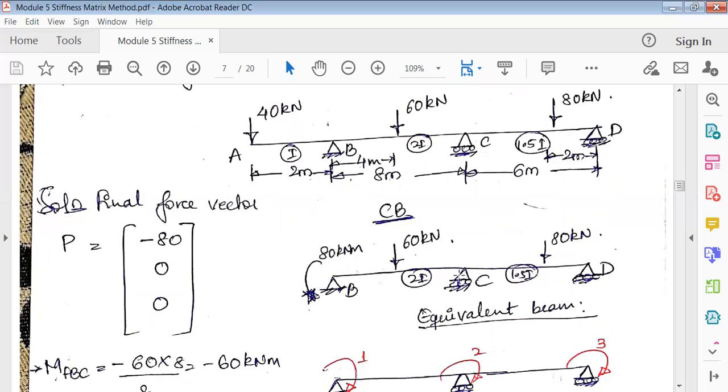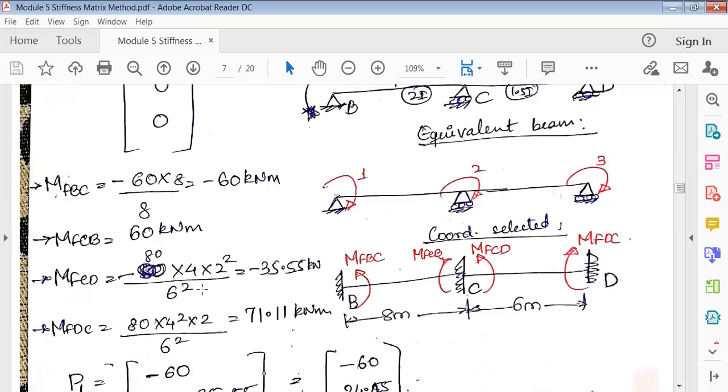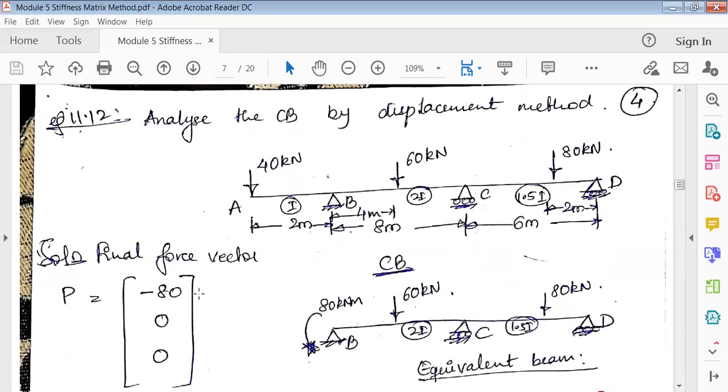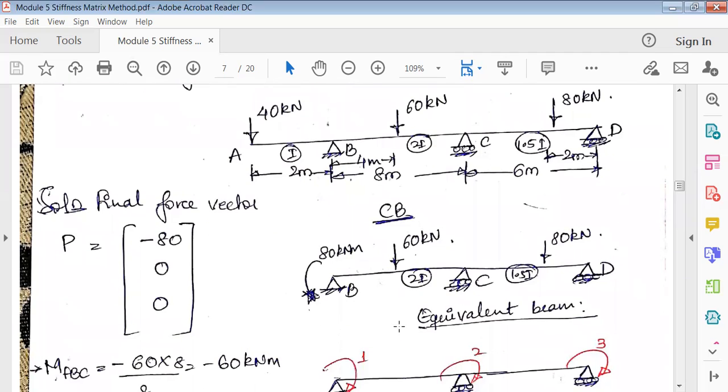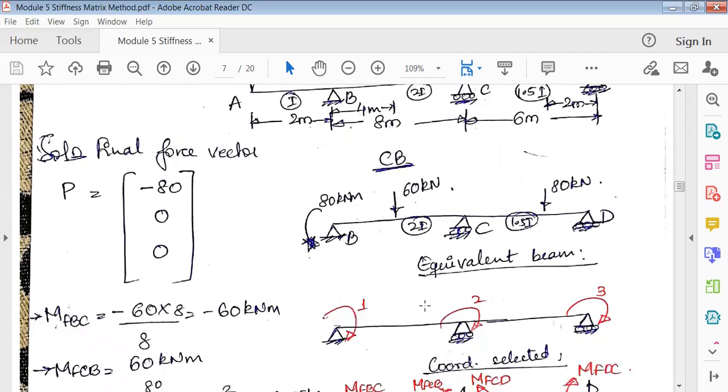So after this, the next step is, however, I have not found out the kinematic indeterminacy here. I have directly used it here, but you need to calculate the kinematic indeterminacy. That is, only after drawing the equivalent beam, you have to mark the coordinate directions 1, 2, and 3. So before you could mark this, use the formula Ki is equal to 3J minus R plus M. So 3J, joints are 1, 2, and 3.